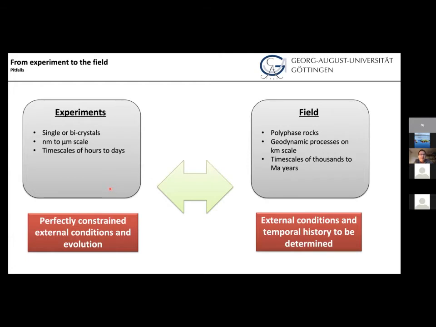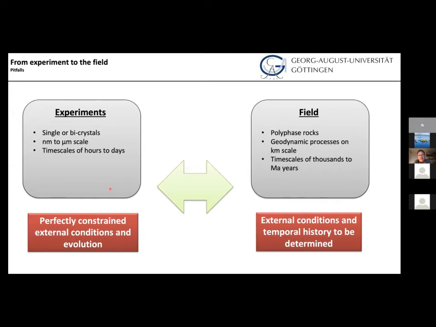So just to give you an example where we can apply those, because all of these models that I showed you have been numerical models between two crystals on the nanometer to micrometer scale. The diffusion experiments are typically done on the order of hours to days, and of course we know perfectly well our system.